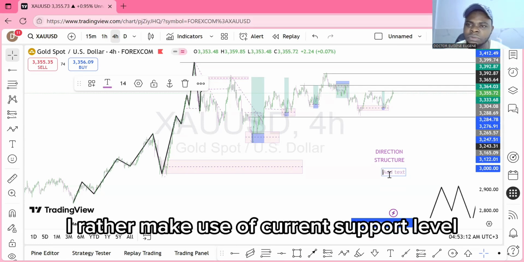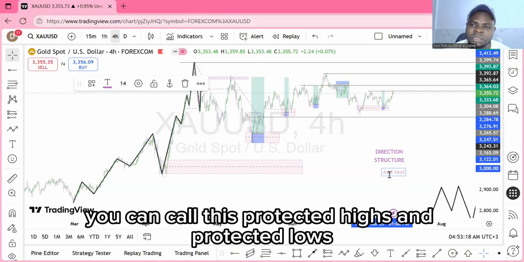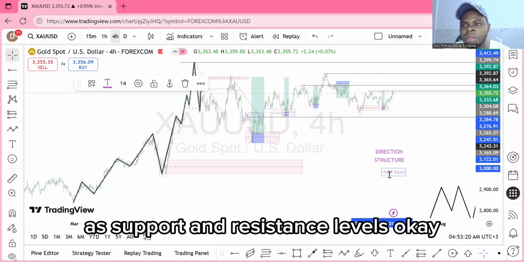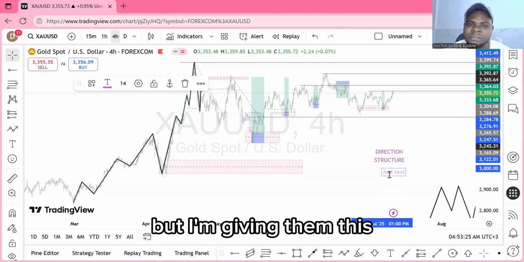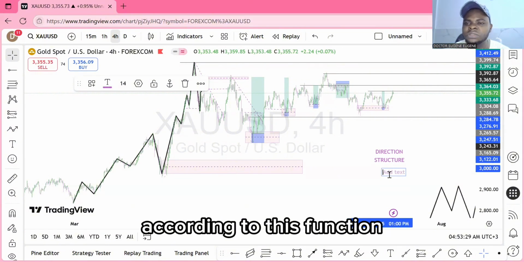I rather make use of the current support level and current resistance level. You can call these protected highs and protected lows support and resistance levels, but I'm giving them these names according to their function.